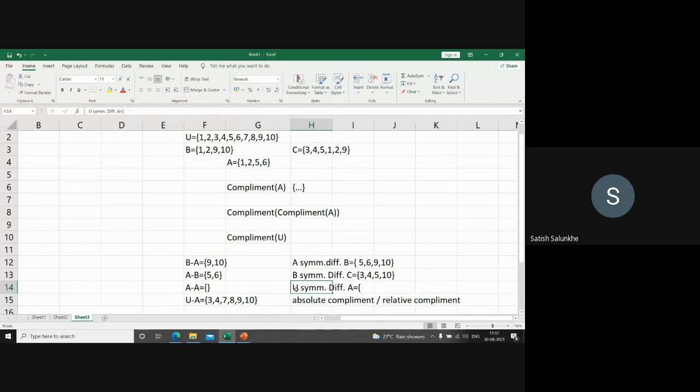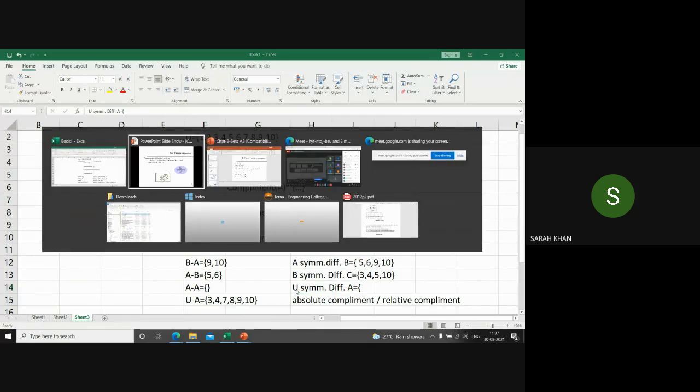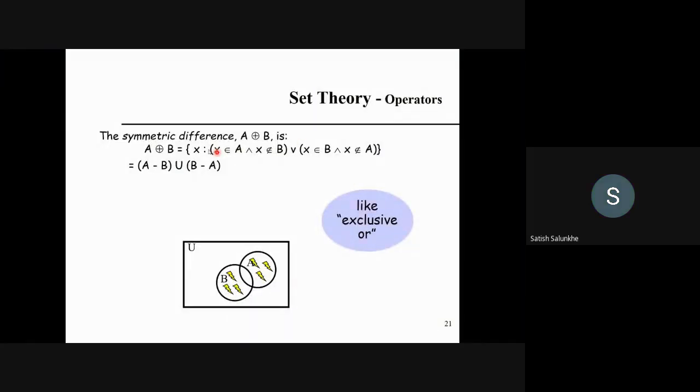What is U symmetric difference A? Sir, it will be equal to the universal set only. What is the definition of symmetric difference?